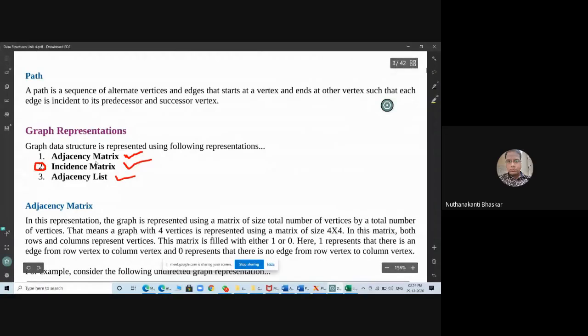For adjacency matrix and adjacency list, you already know the meaning of adjacency. What is adjacency? What is an adjacent node in a graph? Next to, sir.